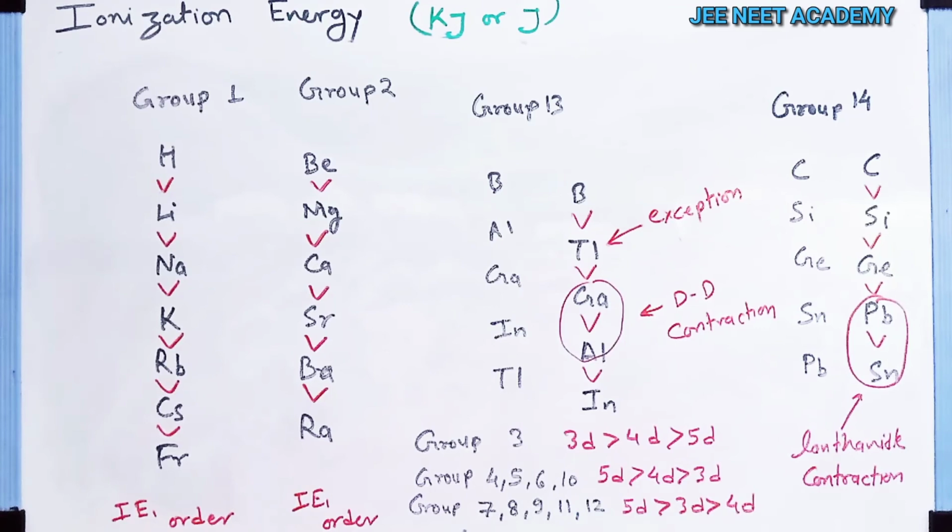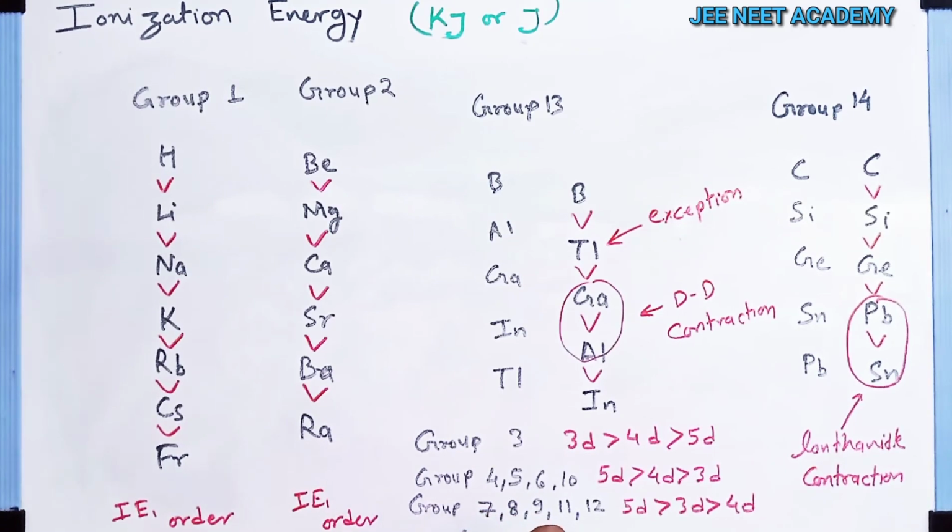From this, if you remember, you can know the ionization energy order for d block elements. When you apply these concepts to the questions, it will be easy to understand.